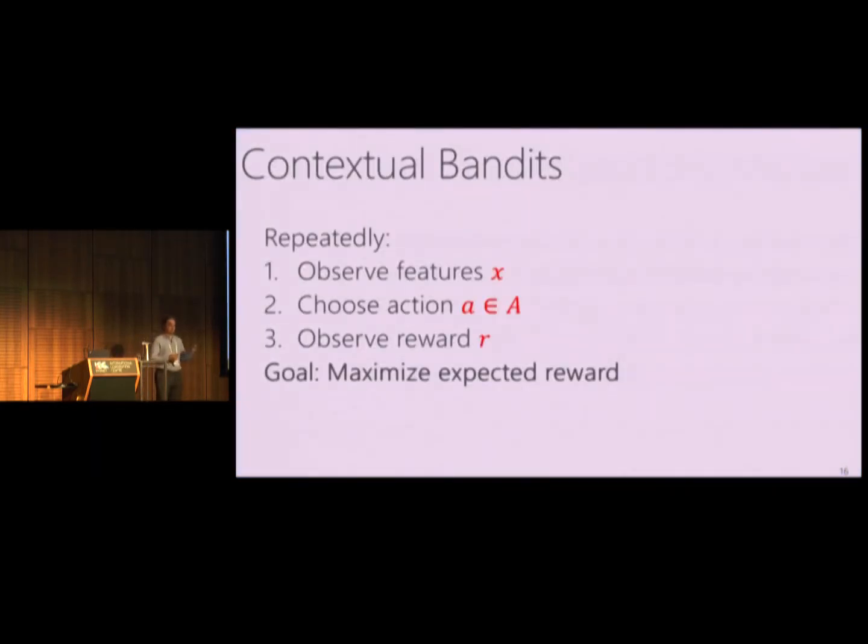Okay, so the setting we're going to work in is Contextual Bandits. In Contextual Bandits, you repeatedly observe some features. We'll be using X to denote that. You choose an action, A, and then you observe a reward, R. So your goal is to maximize the expected reward.